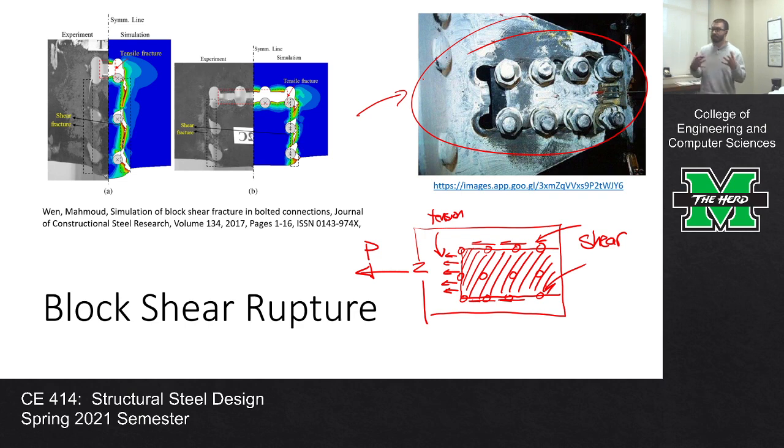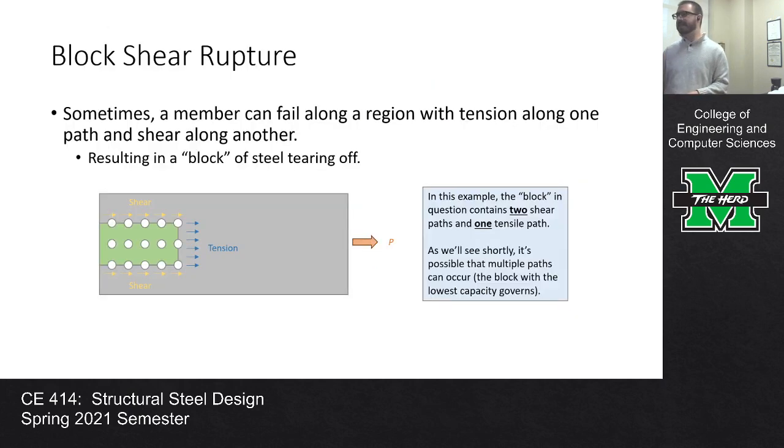That block ripping out and that combination of shear failures is why we call it block shear. It's a connection-related phenomenon that we haven't really talked about yet, and it results in a block of steel tearing off.